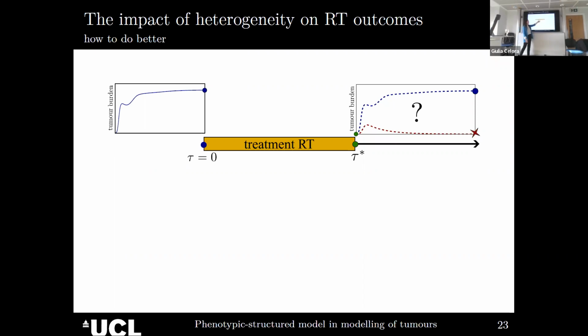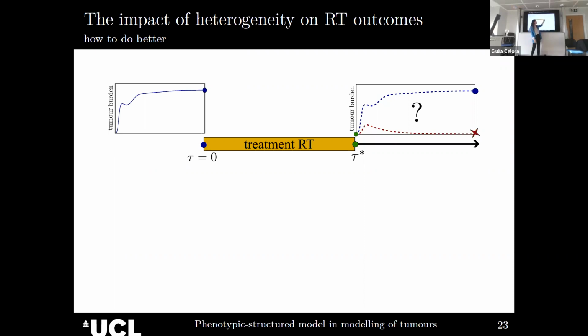We apply treatment, but for a finite amount of time. So treatment is bringing us from one initial condition to a new initial condition. The question now is: at the end of treatment, are we in an initial condition that leads us to a fully developed tumor, or that leads us to extinction?